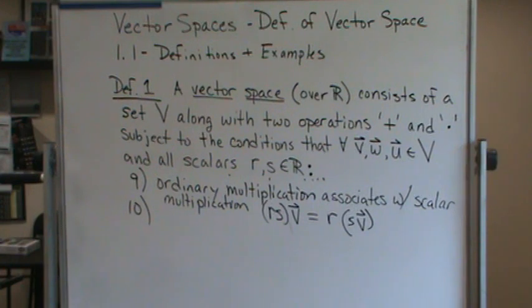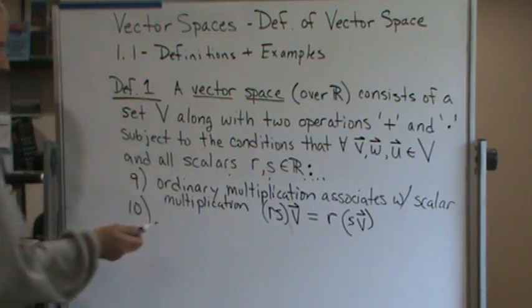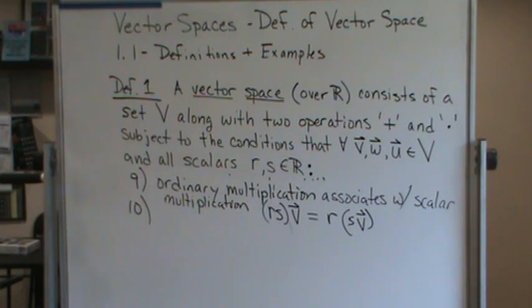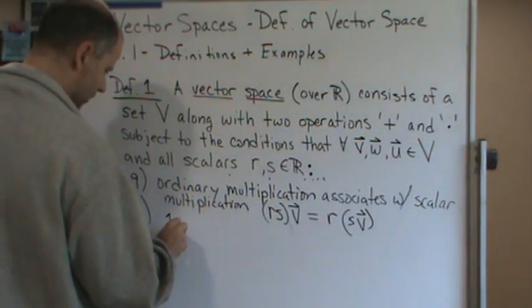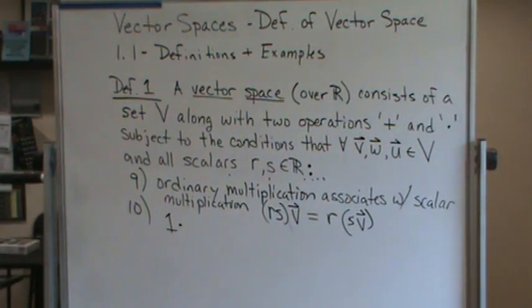Now, 10, multiplication by the scalar 1. So this is where we get the multiplicative identity. It's the scalar 1 multiplied by any vector, and that is the identity operation, or the multiplicative identity, what we call it.